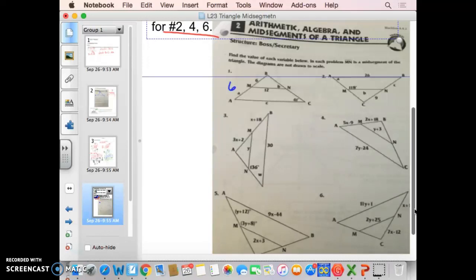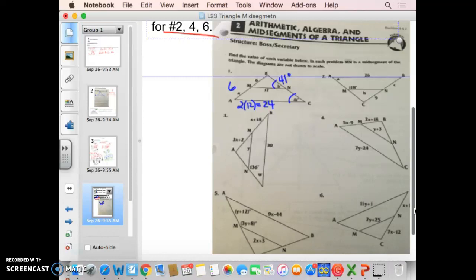And if this is 41 degrees, then this angle is also going to be 41 degrees, because of corresponding angles. We have parallel lines, so that's corresponding angles. And if this side is 12, this side is going to be 2 times 12 because it's the long side. So this side here is going to be 24. So you're going to go ahead and mark up your triangles accordingly.